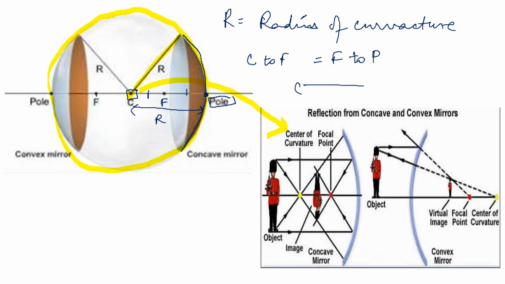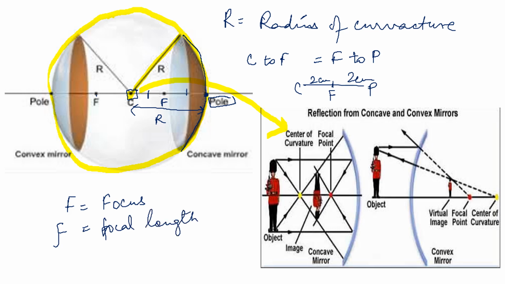This is your C, this is your P, and between them, if this is 2 centimeter and this is 2 centimeter, so this is your F. That F is called your focus. Capital F stands for focus and small f stands for focal length. Now from this capital F to P, this is your focal length.